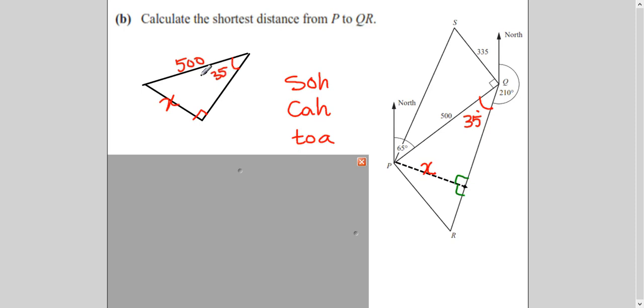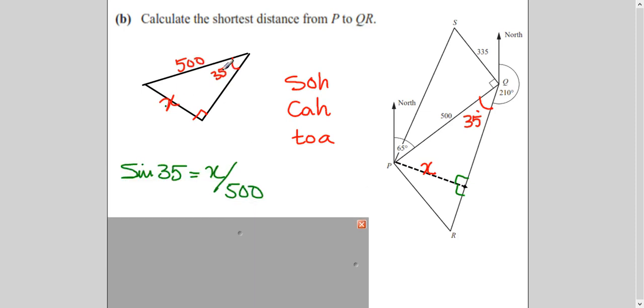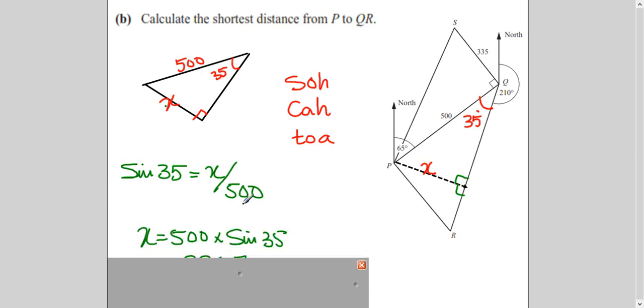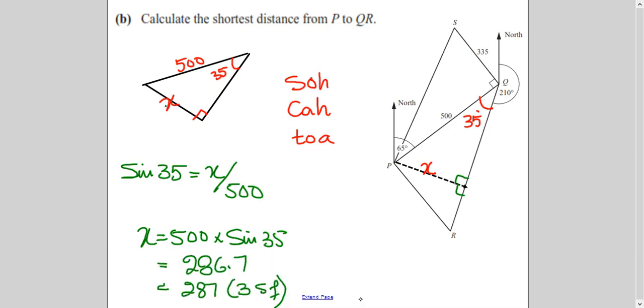I have drawn this triangle here separately just to explain it to you. To find this side, I will apply which trigonometric ratio? Sine. Sine 35 is equal to opposite over hypotenuse. So I'm applying sine 35 is equal to x over 500, and then I'm simply calculating it. 500 multiplied by sine 35, simple calculation, and I got 286.7.